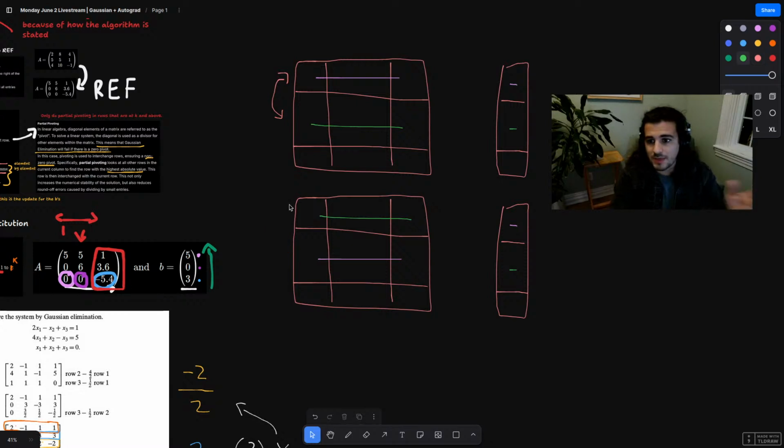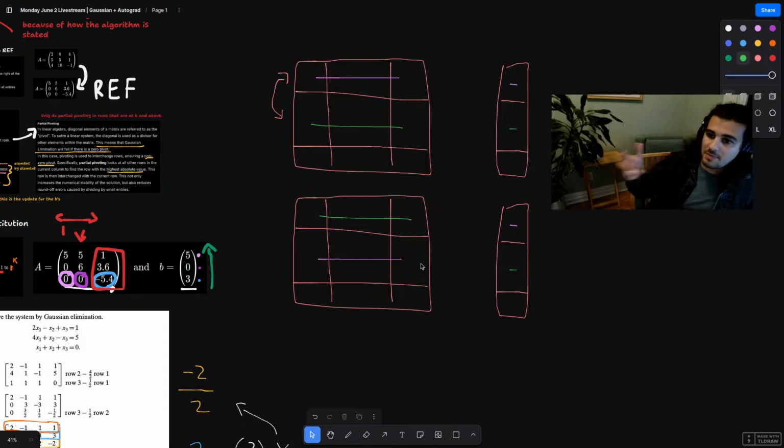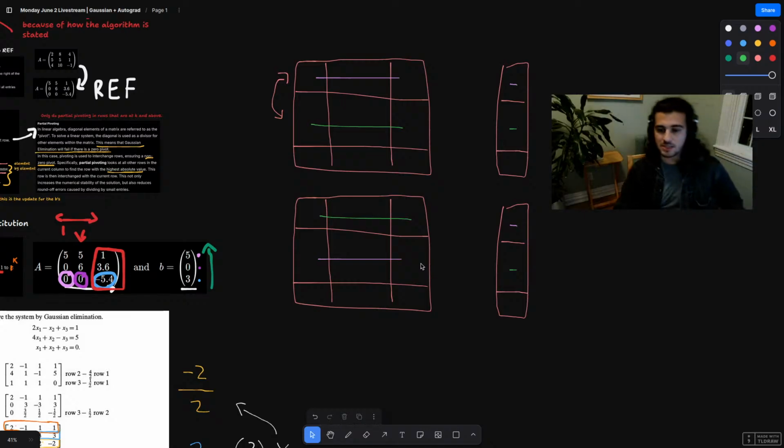And then nothing makes any sense, because the green row is now with the purple row, and at this point you broke completely the dependency between the matrix A and the vector B. So you actually have to swap them also.